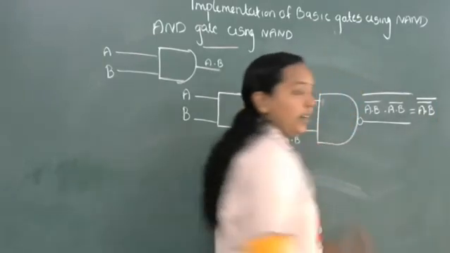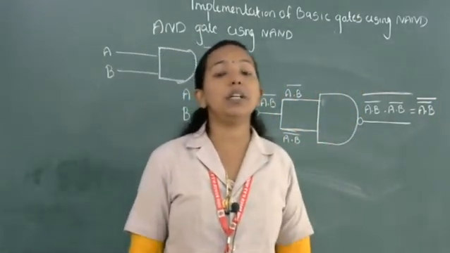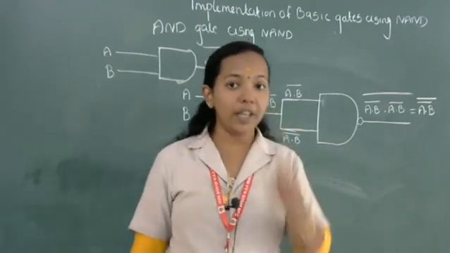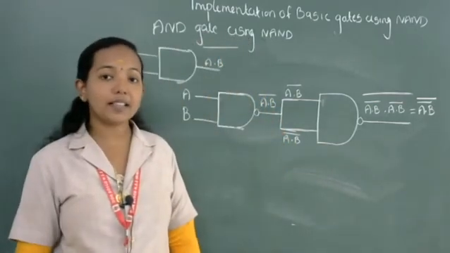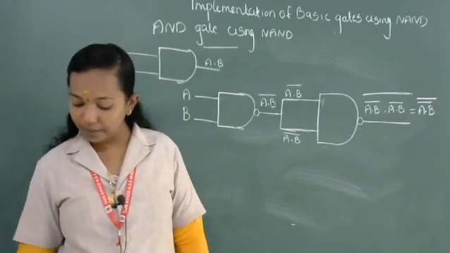One more complement gives A dot B double complement. According to involution law, X double complement is equal to X itself. You know the basic postulates of Boolean algebra.